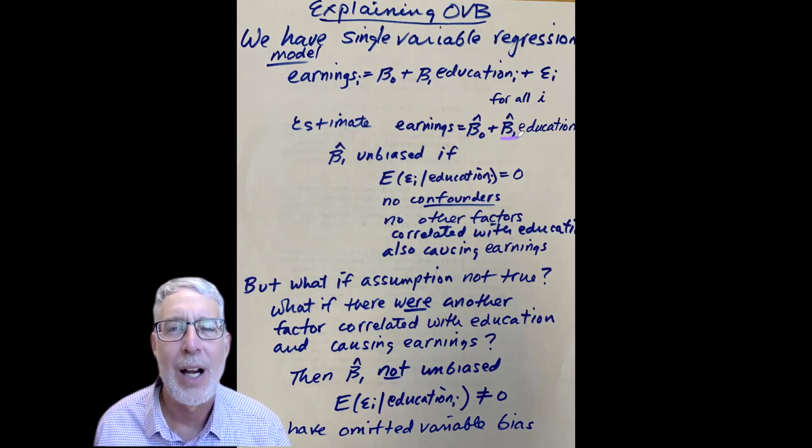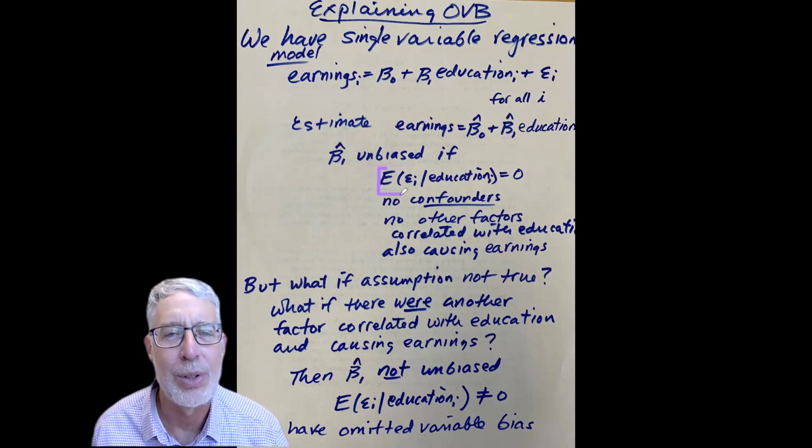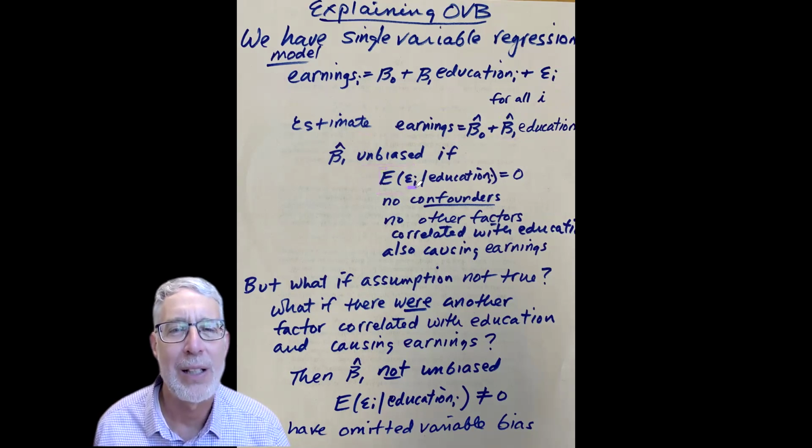Now, this slope parameter, beta 1 hat, that we estimate will be unbiased if this assumption holds. This assumption is that the expected value of the error term, remember our error term is all the other factors, conditional on the level of education is equal to 0.